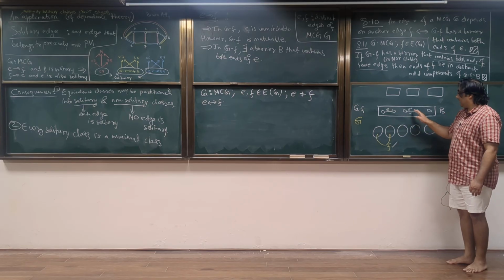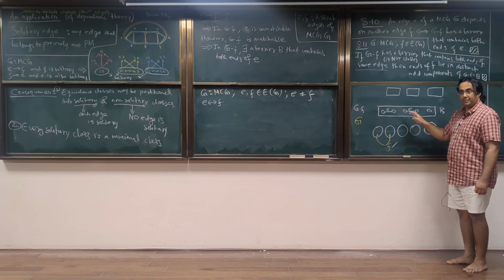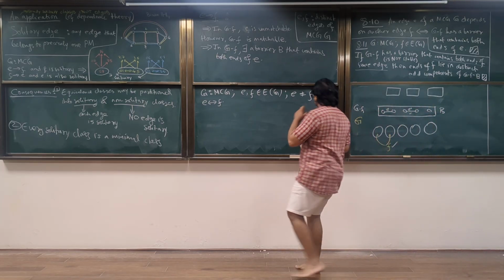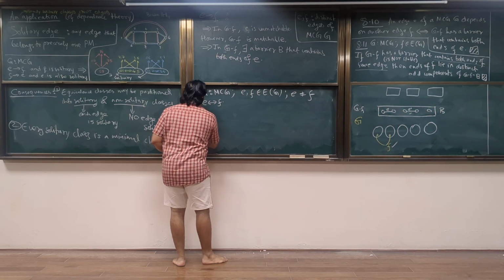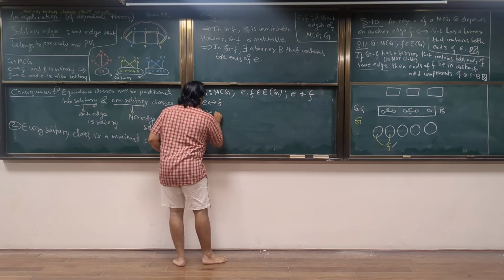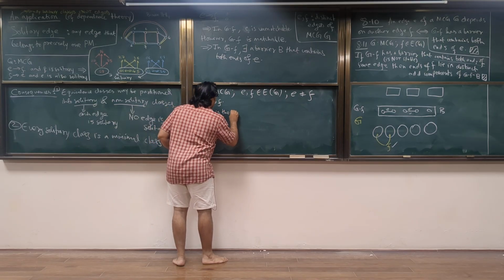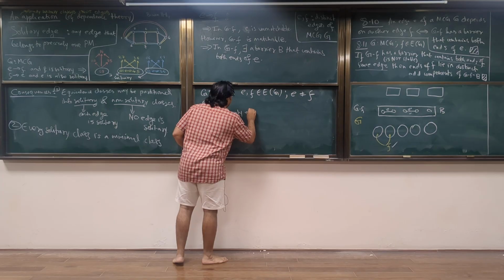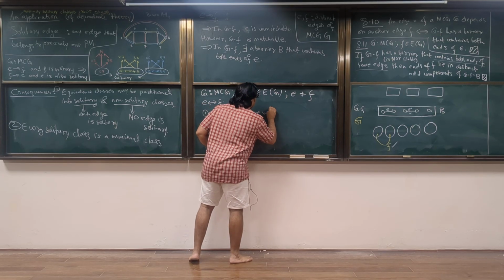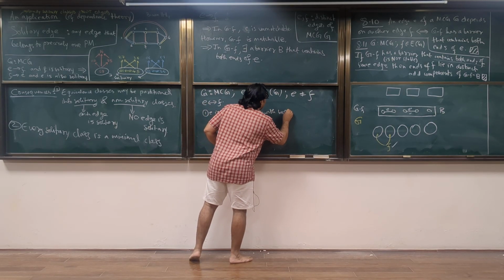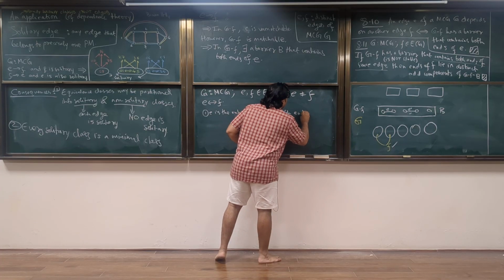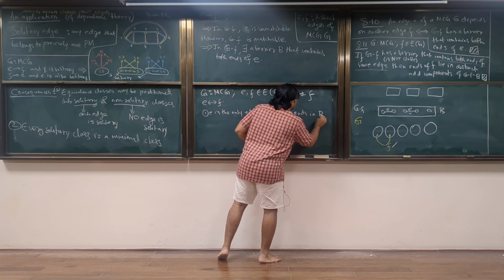Therefore, we just concluded that there are no such edges. So E is the only edge with both ends in B.